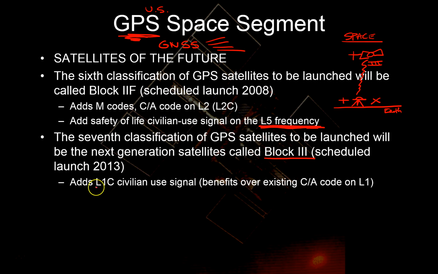So the design of this L1C, it's a civilian signal that's going to be on L1. And you might be saying, well, isn't there already a civilian signal, the CA code, on L1? And yes, there is. But this is called L1C, and the idea is that eventually this will replace the existing CA code on L1.